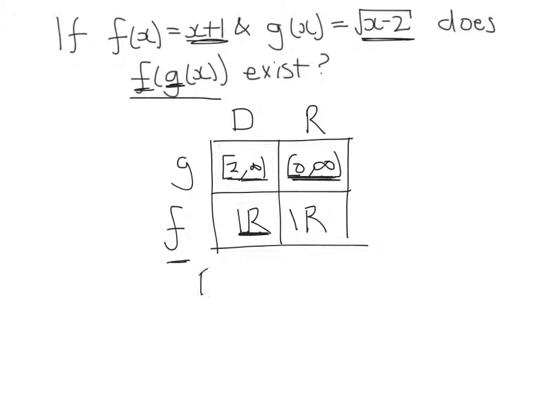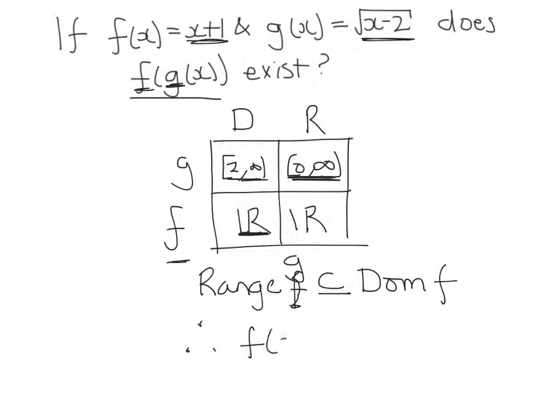So the range of g is a subset of the domain of f, and therefore f of g of x exists, because no matter what values we put into g of x, we'll always get a value out of g of x where we put it into f where we can work it out.